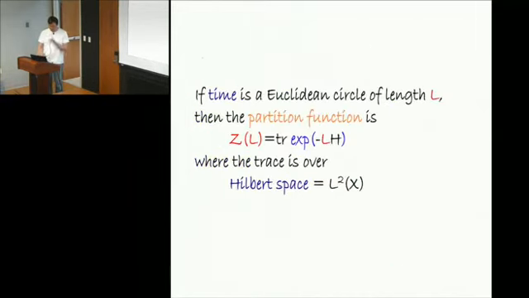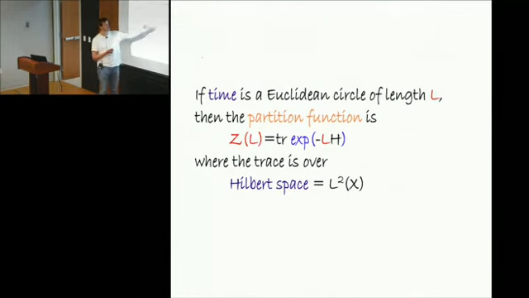In particular, we'll be interested in a situation when time, first, is Euclidean, and second, is a circle of length L. So my partition function is now the trace of exponential of minus L times the Hamiltonian, and the trace is taken over L2 of x.